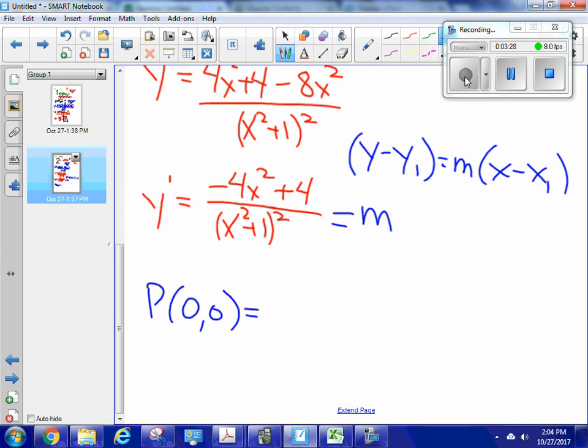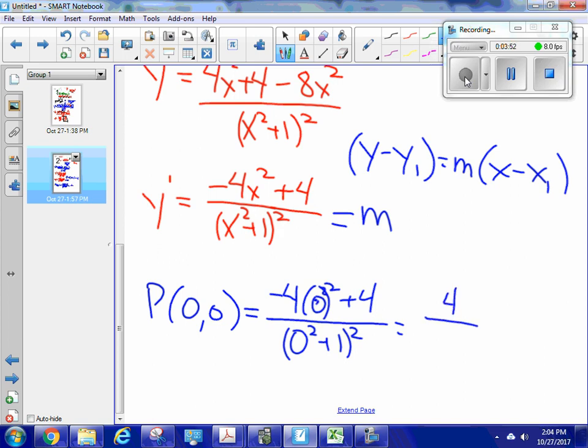So m at (0, 0) is going to be negative 4 times 0 squared plus 4 over 0 squared plus 1 squared. So this is going to be 0, so I have positive 4 divided by 1 equals 4. That's my slope at (0, 0).